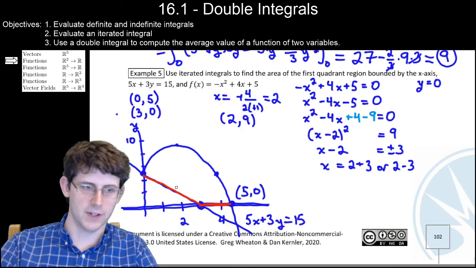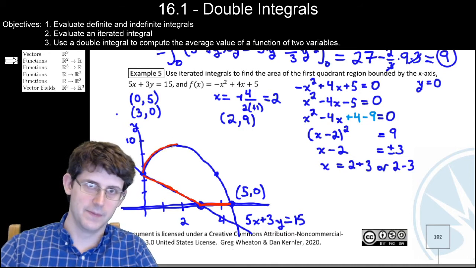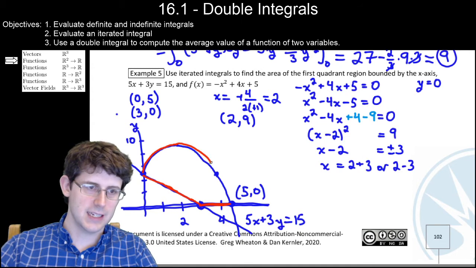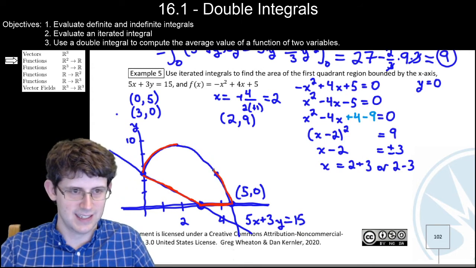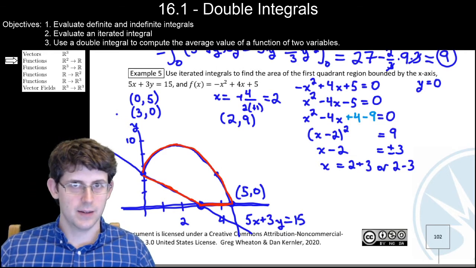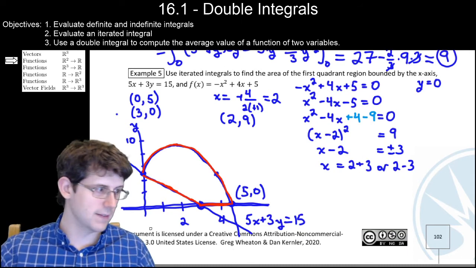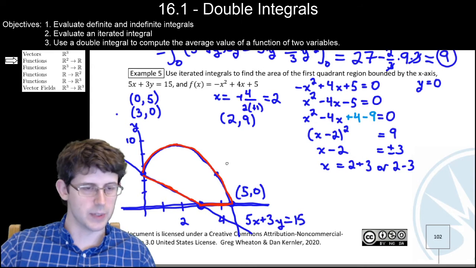It's also not horizontally simple because the left side of the region is here for a little while, and over here for a little while. So it's not simple in either direction. So there's no way out of doing this integral by splitting it up into two pieces. So let's split it up into two pieces.